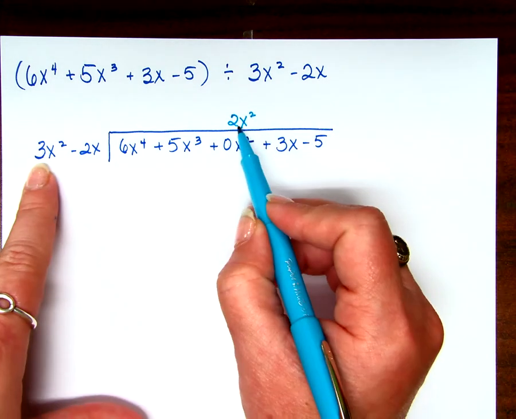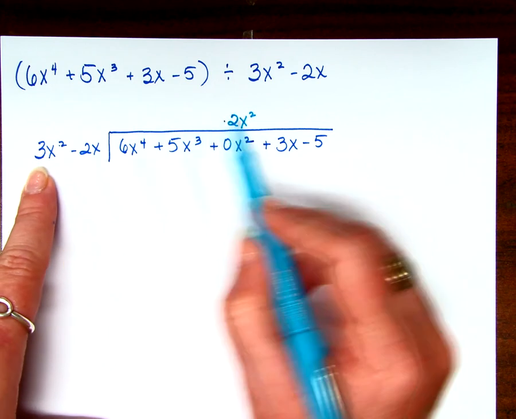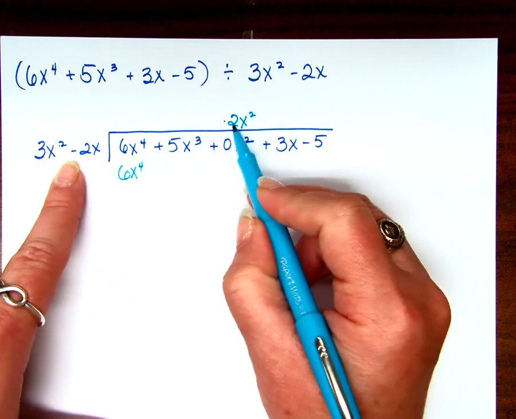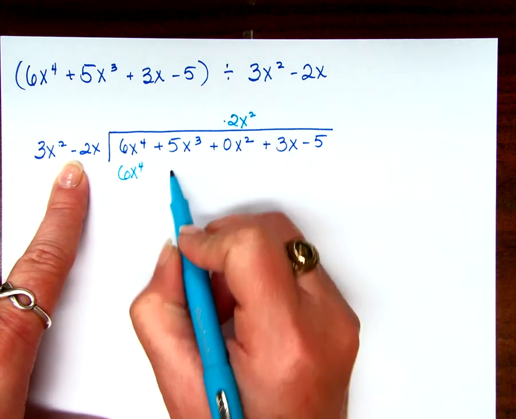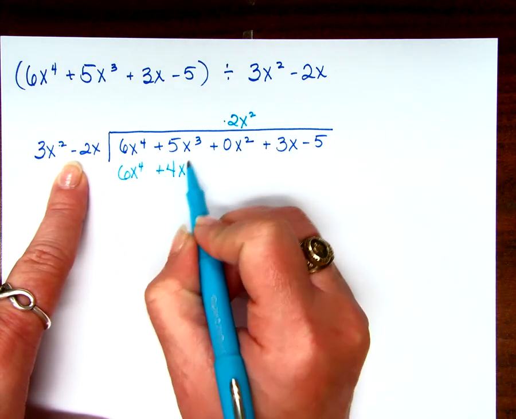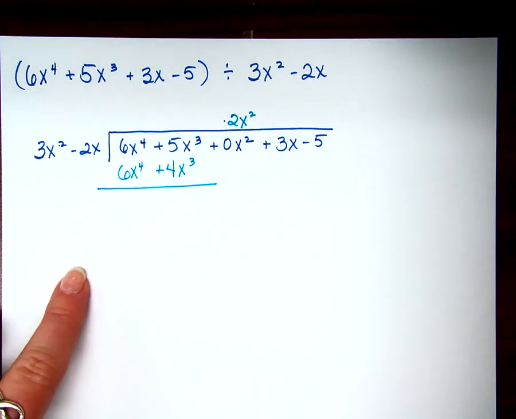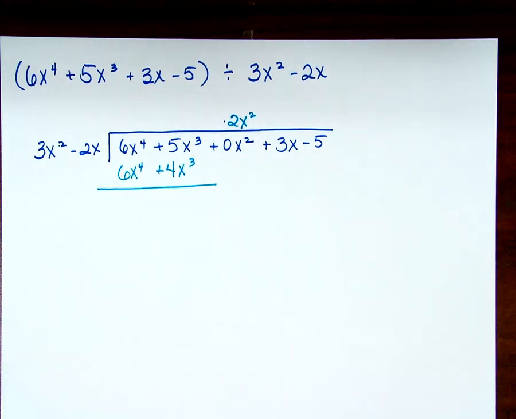So, now multiply. Multiply these two, 6x to the 4th. Multiply these two, 4x to the 3rd, right? Remember what to do next? What do we normally do at this point? We normally subtract, right?